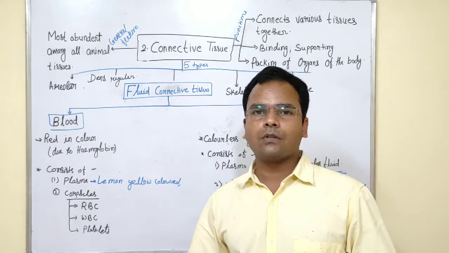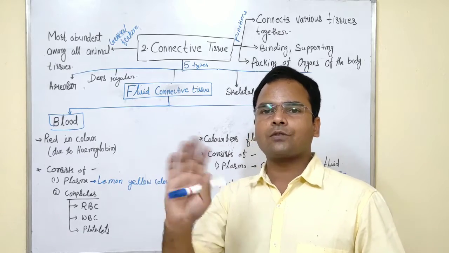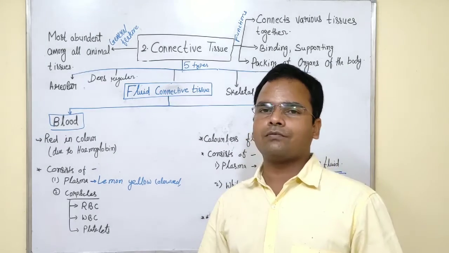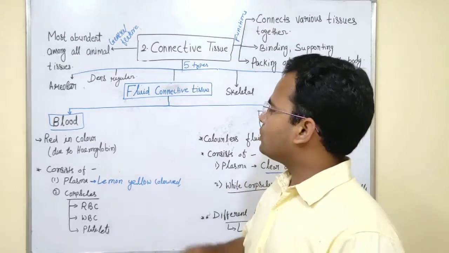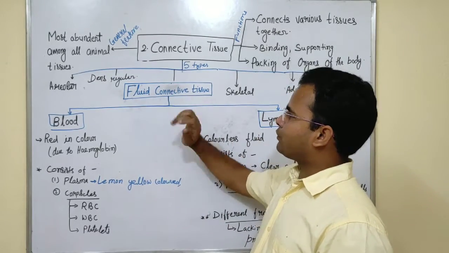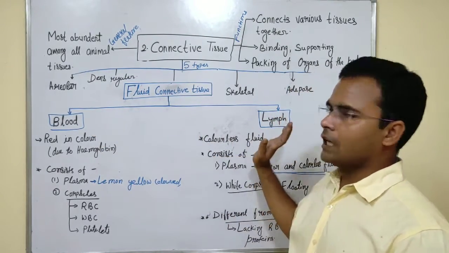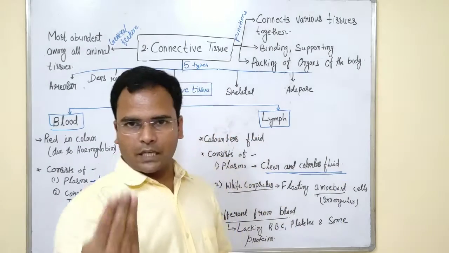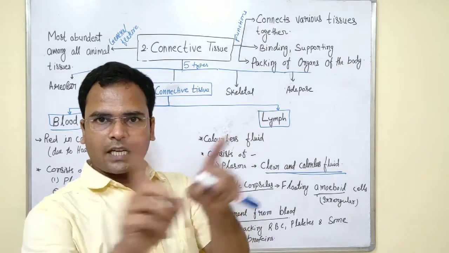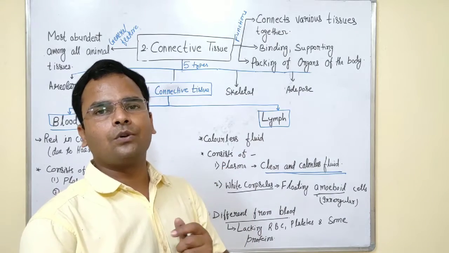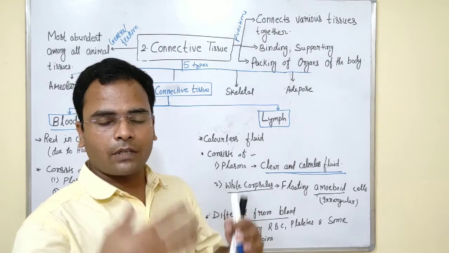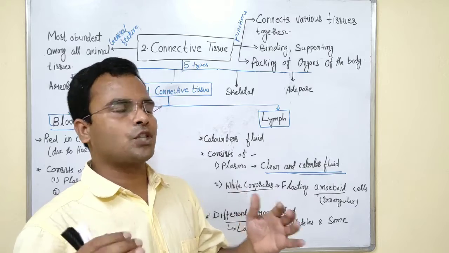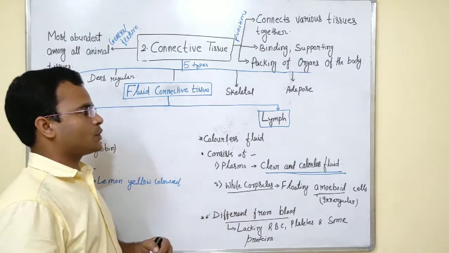RBC is responsible for the transportation of the respiratory gases, and the platelets are responsible for the clotting of the blood. So these are the two major classes of fluid connective tissue, blood and lymph. It is called fluid connective because it is liquid in nature, and since it connects the different types of tissue, cells or body organs, it is known as fluid connective tissue. Blood is called fluid connective tissue.